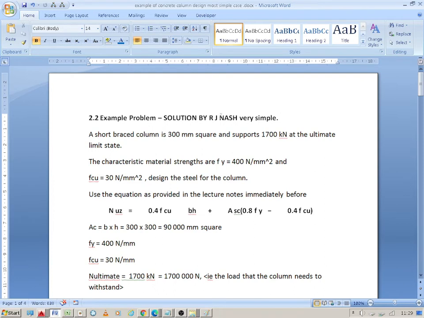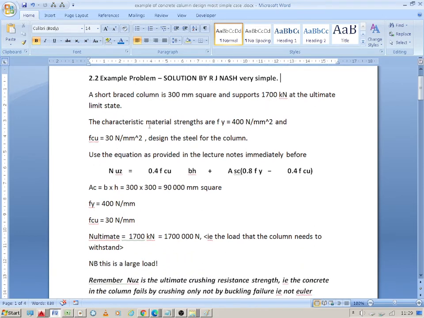The example problem, solution by R.J. Nash. A short braced column is 300 mm square and supports 1700 kilonewtons at the ultimate limit state. The characteristic material strengths are f_y, the yield stress of the steel, 400 newtons per millimeter squared, and f_cu, the crushing strength of the concrete, 30 newtons per millimeter squared. Design the steel for the column.